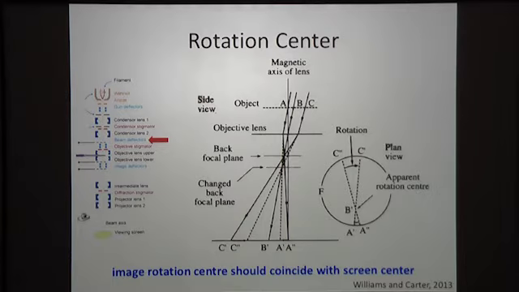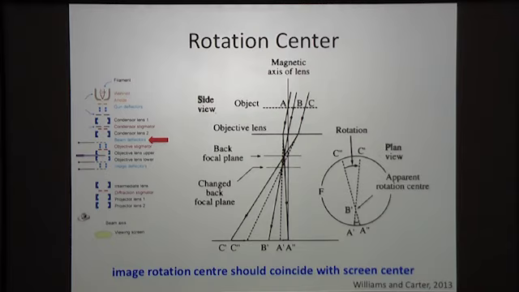Now, at one focus setting, you will have the back focal plane, that's where the beam will converge, and you will get an image on your screen. Now notice that the ray coming from point B is going through the center of the lens, so it doesn't change its direction.